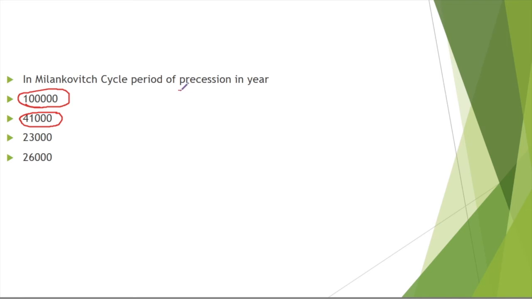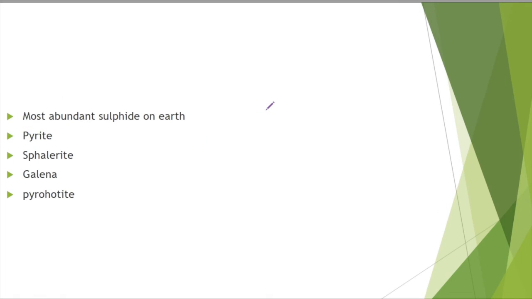Now third one is precession, and the right answer for this is 23,000 years. So what is precession? Basically the axis of the earth also rotates in a wobble-like structure. Suppose this is earth, right, and this is the axis. This axis also rotates in a circular motion, and this is called precession. So the right answer is 23,000 years.